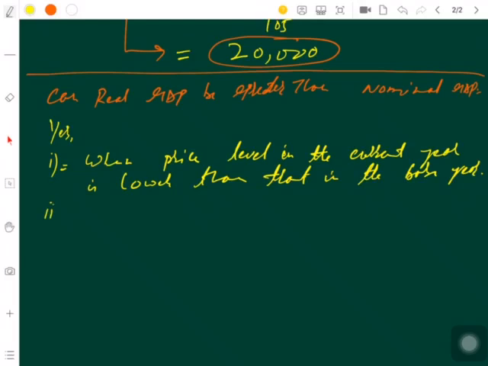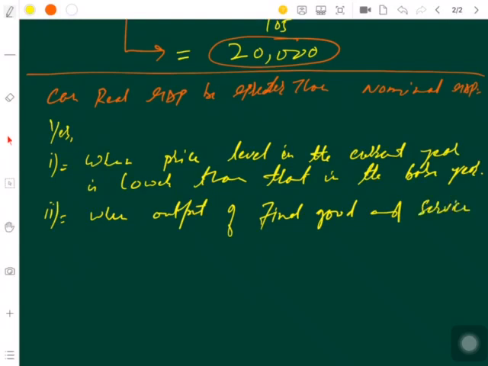The second reason is very simple: when output of final goods and services in the current year is less than that in the base year.